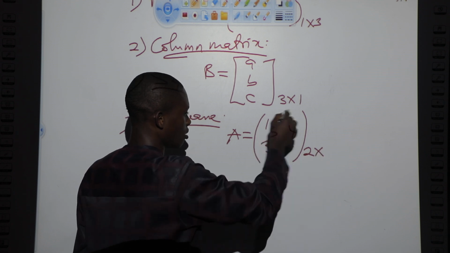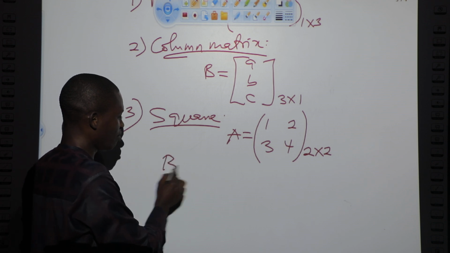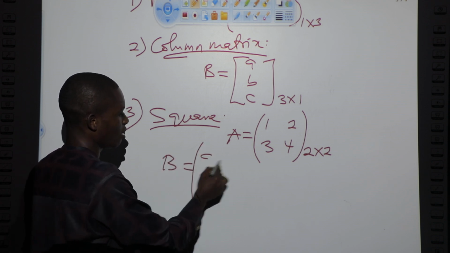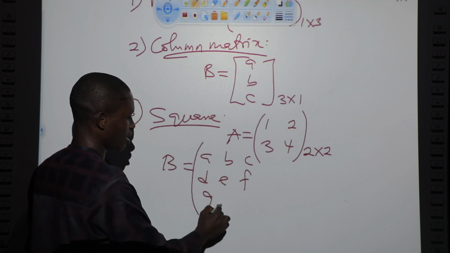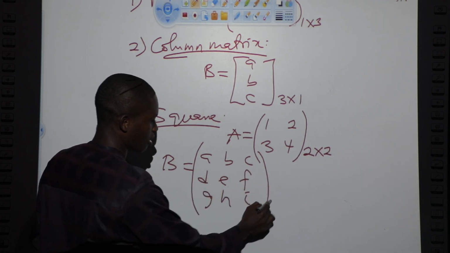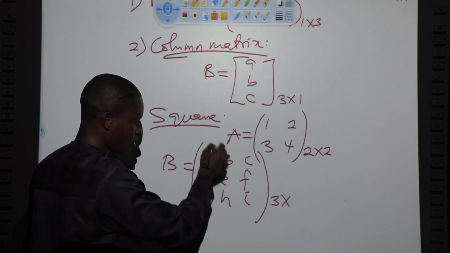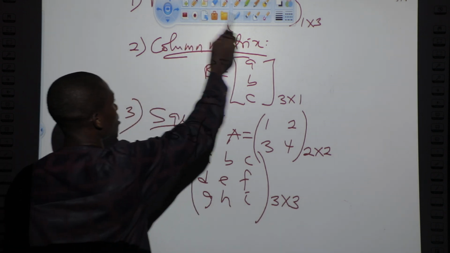How many columns? 1, 2. So this is what we call a 2 by 2 square matrix. I can have B equal to matrix of A, B, C, D, E, F, G, H, I. How many rows? 1, 2, 3. 3 rows. How many columns? 1, 2, 3. 3 columns. So this is a 3 by 3 square matrix.